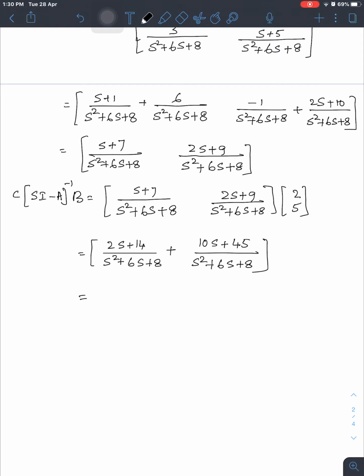This is equal to 12s plus 59 divided by s square plus 6s plus 8.